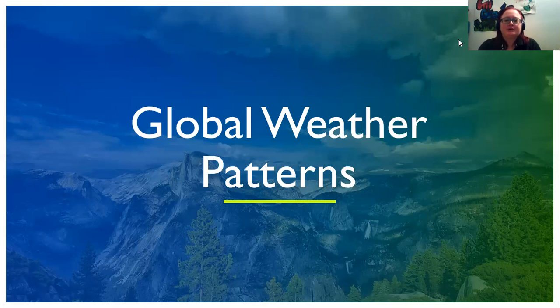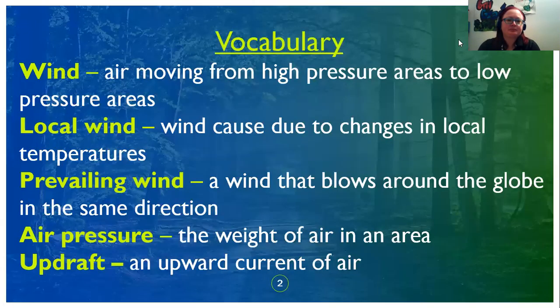So, global patterns, global weather patterns. Vocabulary: some of these words you had last week. Wind is air moving from high pressure areas to low pressure areas. Local winds are wind caused by changes in local temperatures.